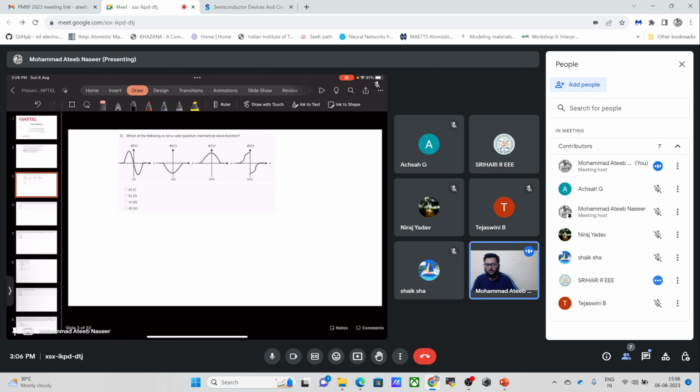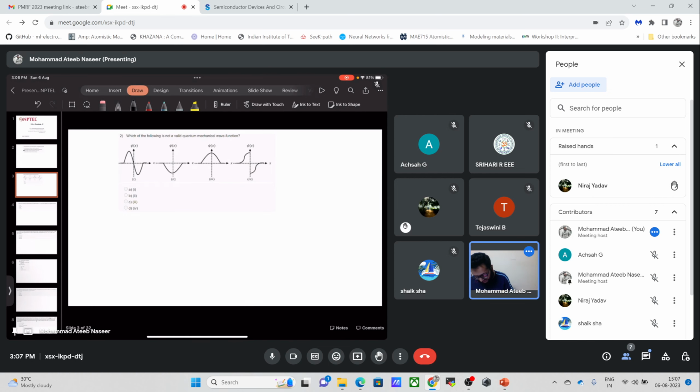Absolutely, that's what I wanted. Whenever we look for wave functions, not only should it be continuous, its derivative should also be continuous. So as told by Neeraj, this option D should be the invalid wave function.